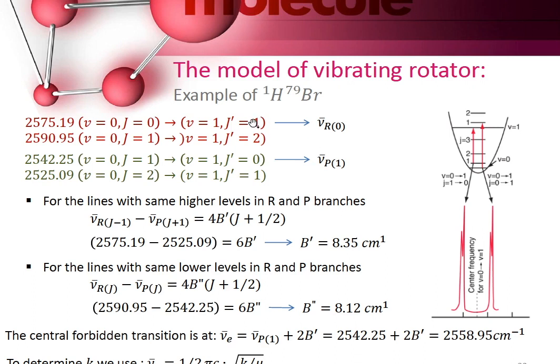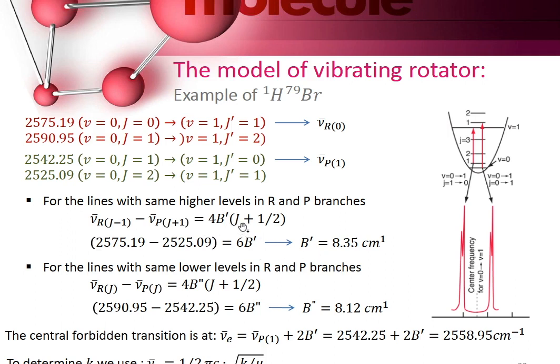So these two lines end at the same level of rotation at V equals 1. If we take the difference between them, this will be the difference between the two positions of the starting rotational levels in the V equals 0 level. So if you take the difference, this will give us 4B prime (J plus half). So we have the numbers and we get B prime.